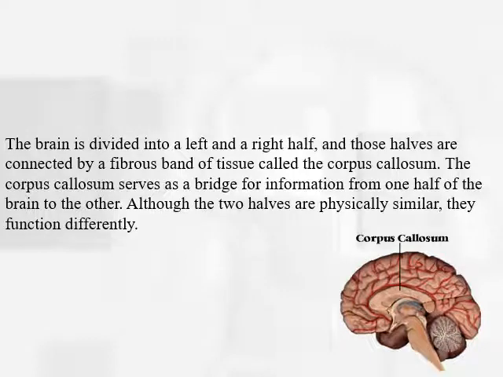The cerebral hemispheres are divided into right hemisphere and the left hemisphere by the longitudinal fissure, but they are not completely separated from each other. They are connected together by a bridge which can transfer information from one half of the brain to the other half, which is the corpus callosum.